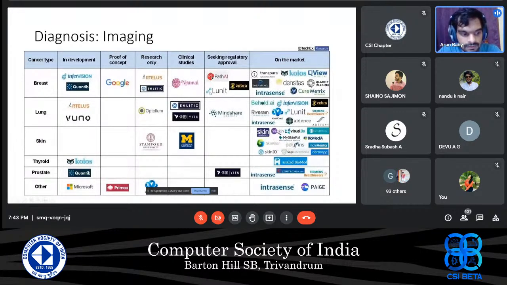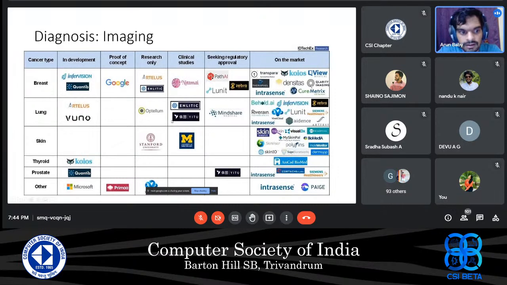It is one of the most talked-about artificial intelligence startups in the medical field in India. It focuses on thermal imaging, where it images the breasts and detects whether they are having breast cancer or not.